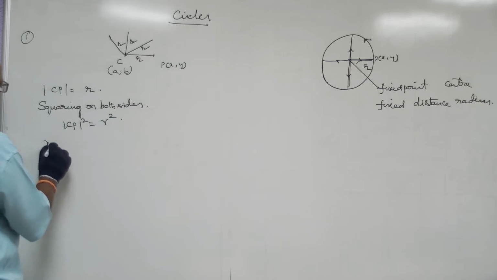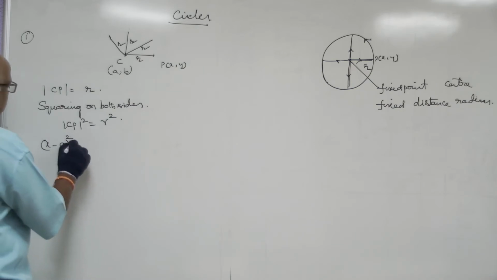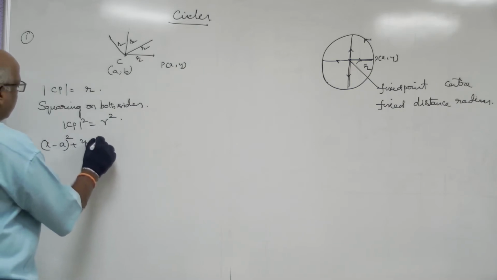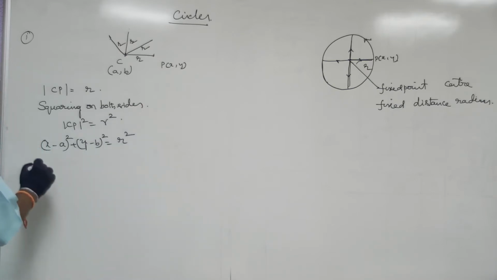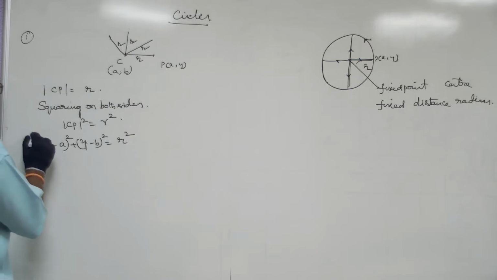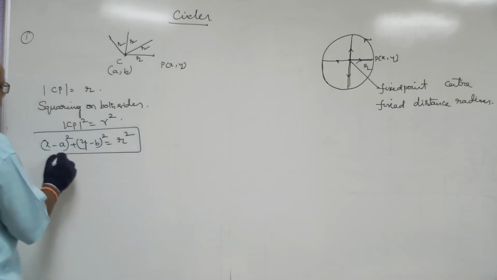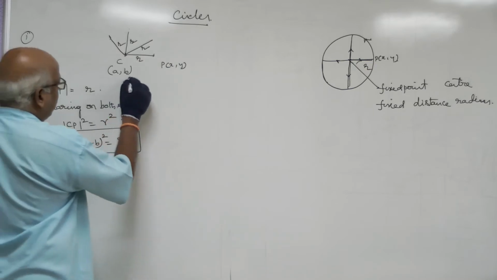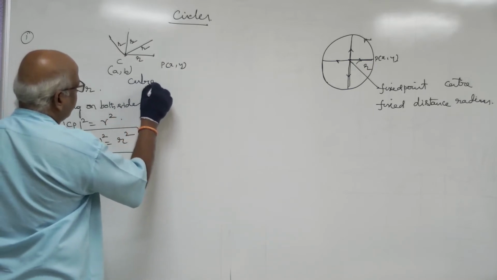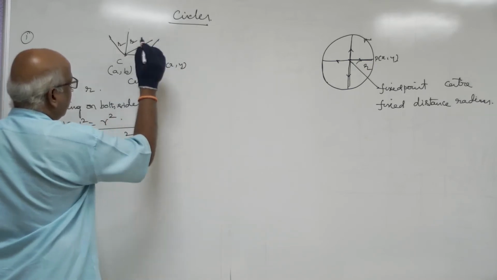What is CP square? (x minus a) whole square plus (y minus b) whole square equals how much? r square. We can take this as a formula for finding the equation of the circle when the center coordinates are (a, b) and the radius is r.